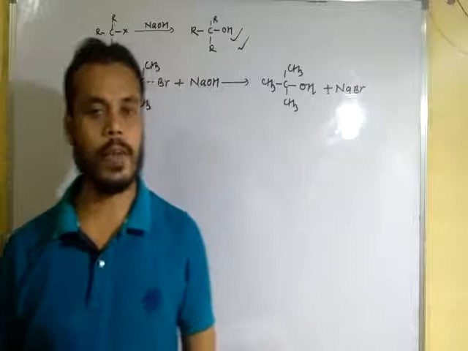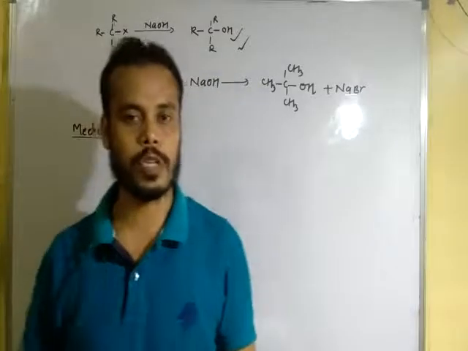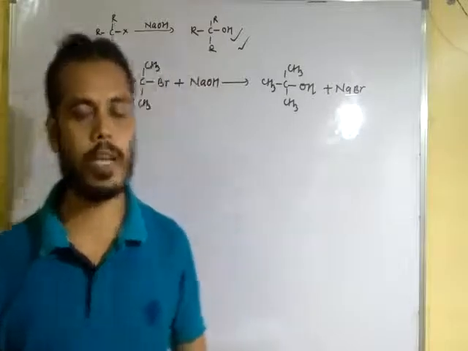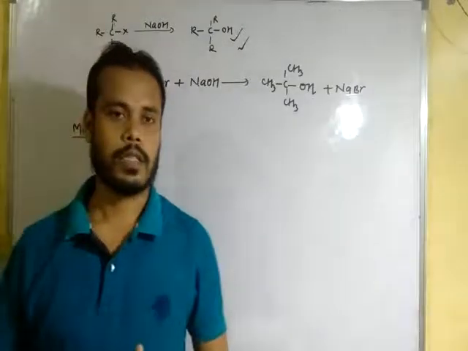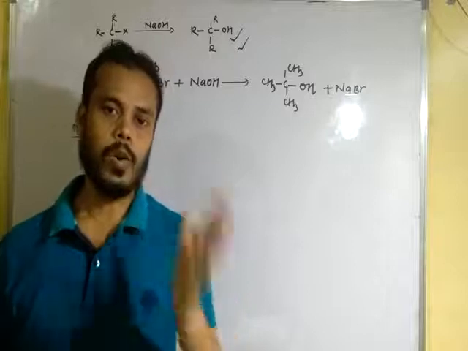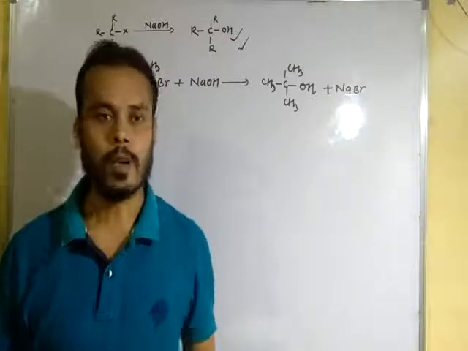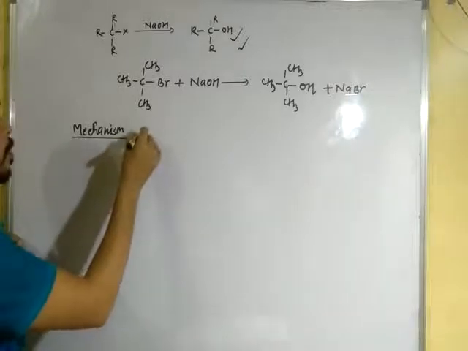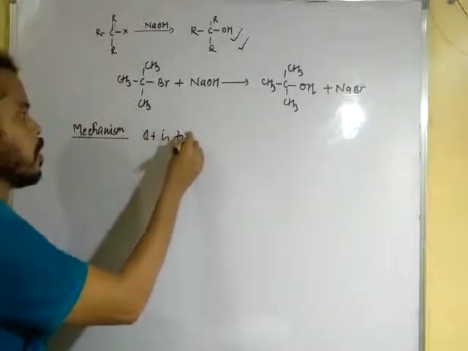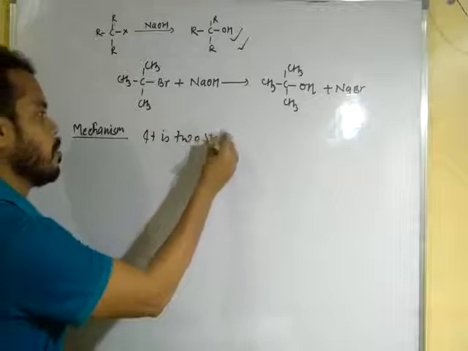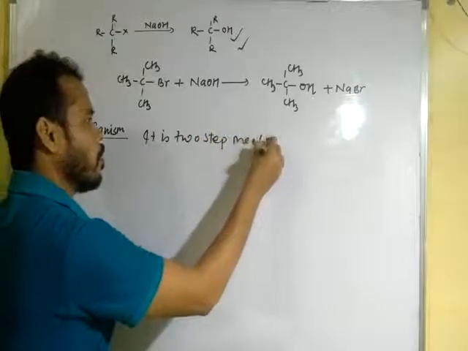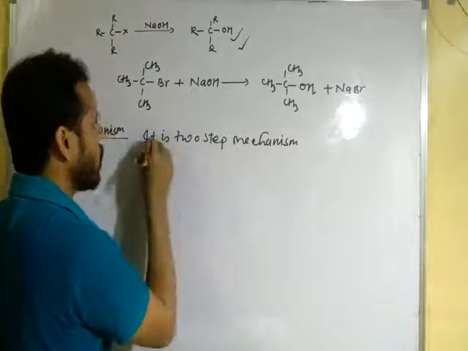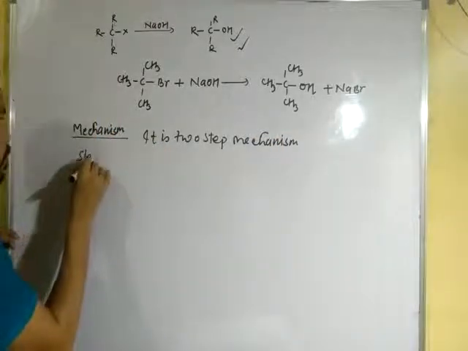One is the slowest step and the second one is the fast step. In the first slowest step, carbocation formation takes place, while in the fast step, the nucleophile attacks the carbocation to form the product. So it is a two-step mechanism.